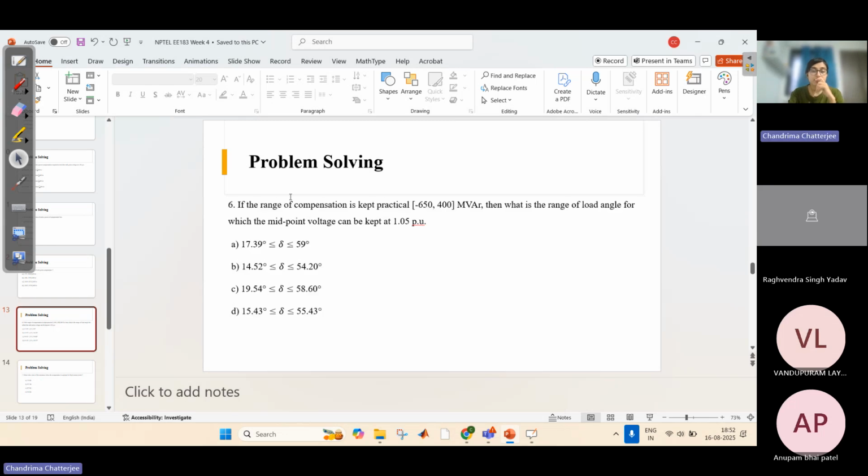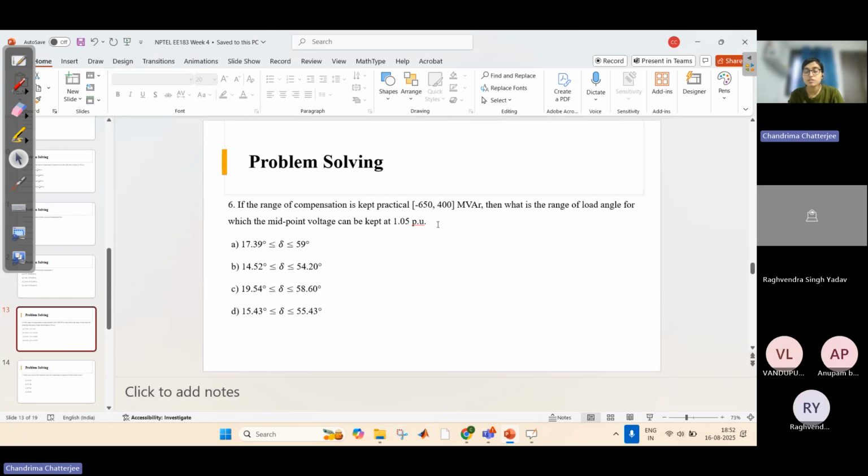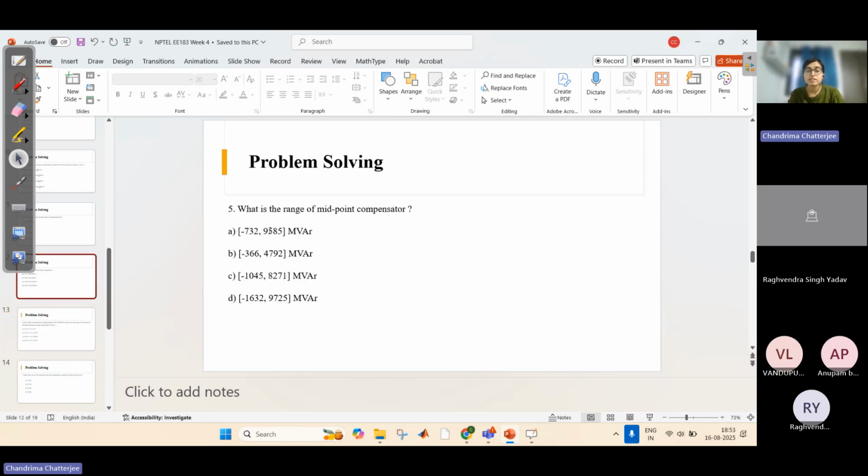So question number 6. If the range of compensation is kept practical, then what is the range of load angle for which the midpoint voltage can be kept at 1.05 per unit? Now, the range that we just found out, minus 732 and 9585, is an absurd range.